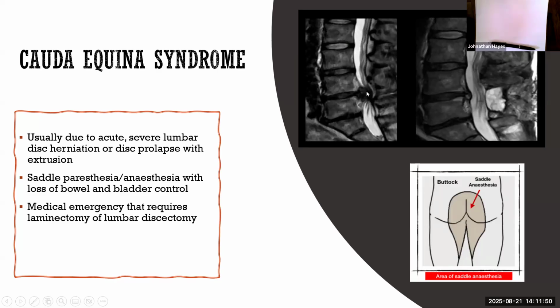So something has caused a protrusion to come outward, and you can see where the pinching is occurring of these cauda equina nerves. So again, numbness and tingling in a saddle-like area, or what's known as saddle paresthesia, and loss of bowel and bladder control. That is sometimes referred to as cauda equina syndrome because of the formation that those nerves take toward the terminal end of the spinal cord.